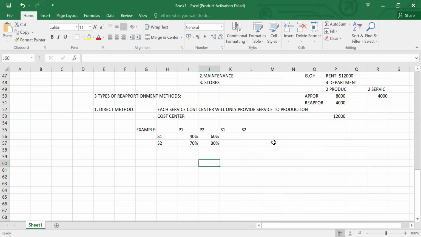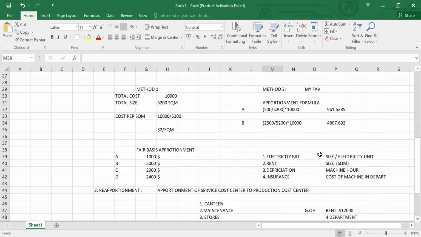If you want to do it by the methods that I have taught you just now, let's say we have X dollars overhead cost. It will be multiplied by, if we are doing it for P1, 40 in the numerator, and 40 plus 60 is 100, so 100 in the denominator. This is the apportionment formula that I just told you. Got it?